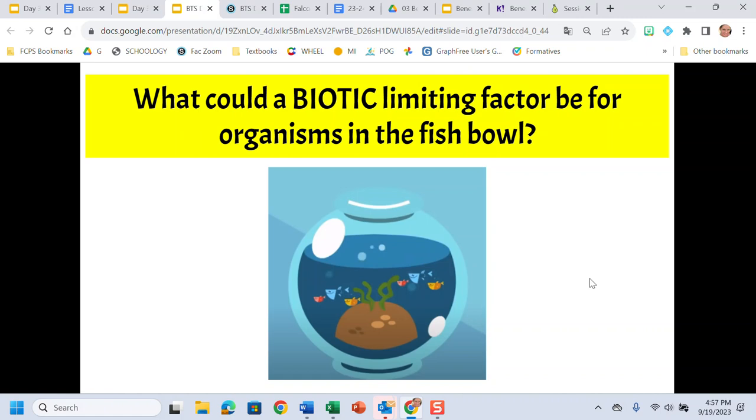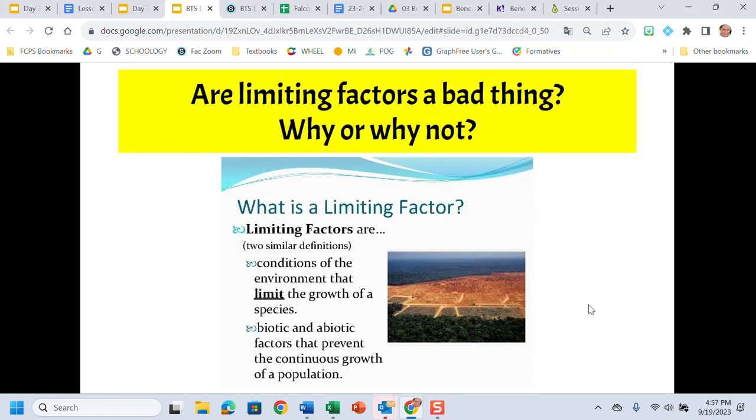If you have a particularly hungry bigger fish that's going to prey on smaller fish, that could have an effect as well. So we have abiotic and biotic factors. Again, if I said food just a moment ago on our abiotic slide, my apologies. Food is biotic.